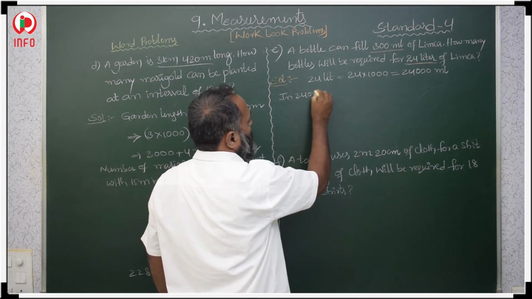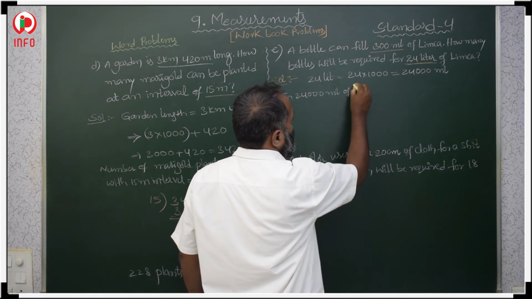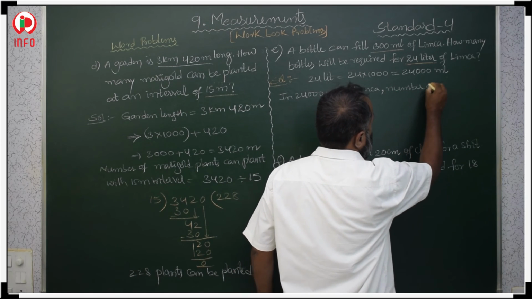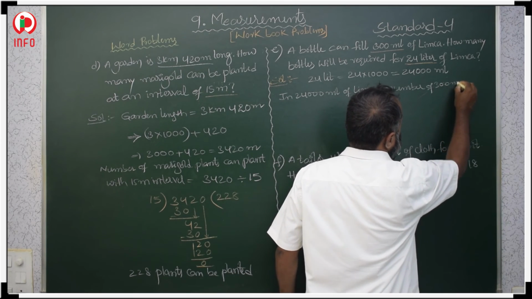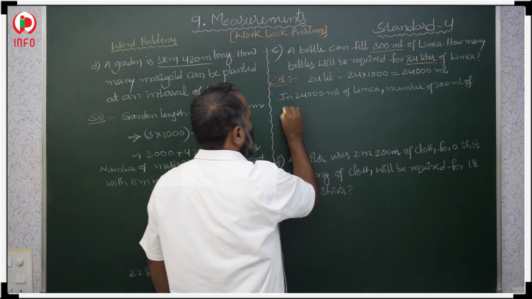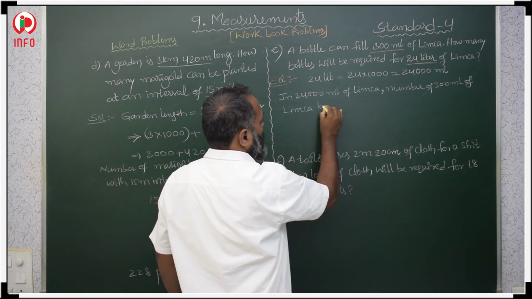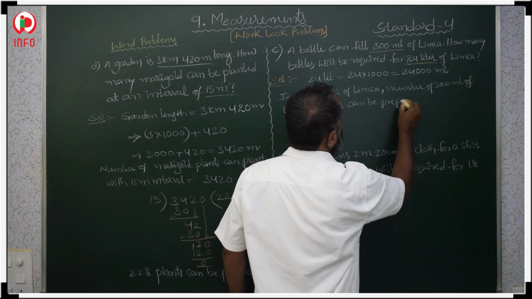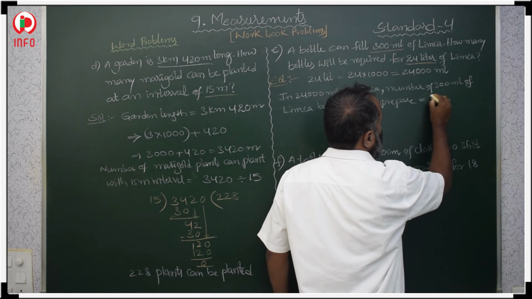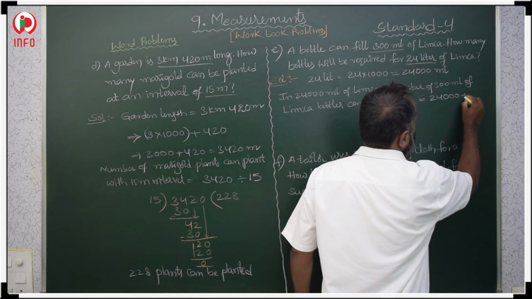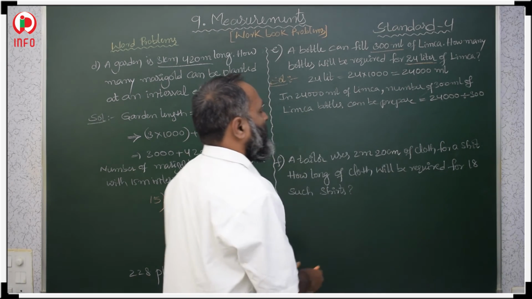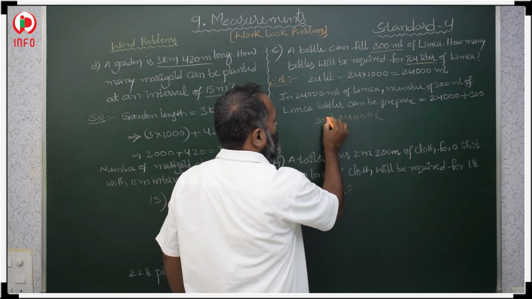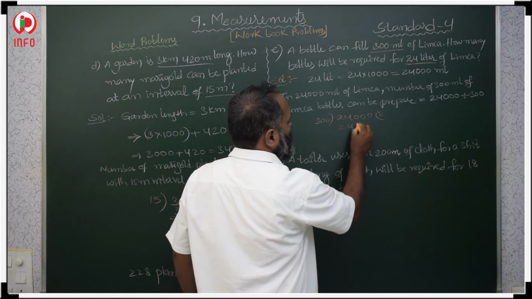In 24,000 milliliters of Limca, the number of 300 milliliter Limca bottles that can be made is 24,000 divided by 300. 3 8s are 24, 2 zeros.